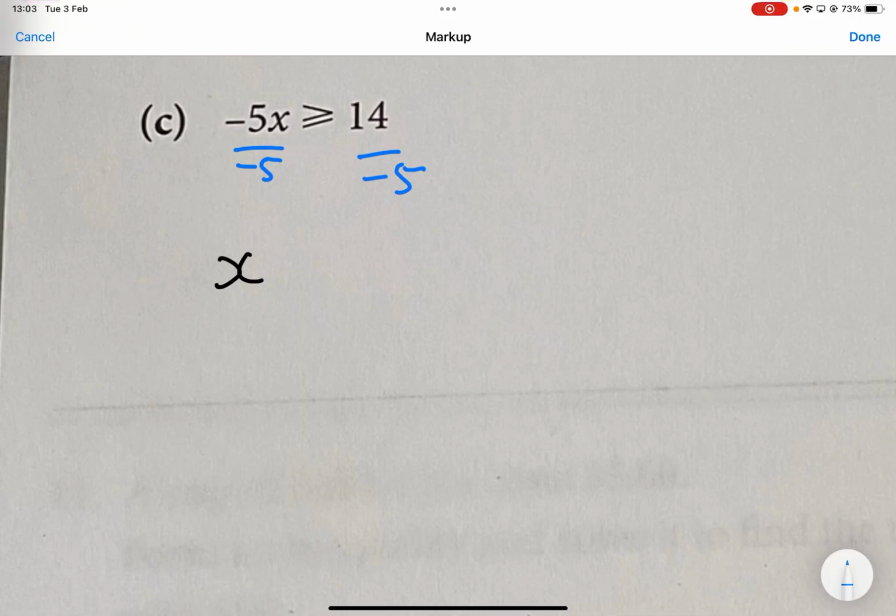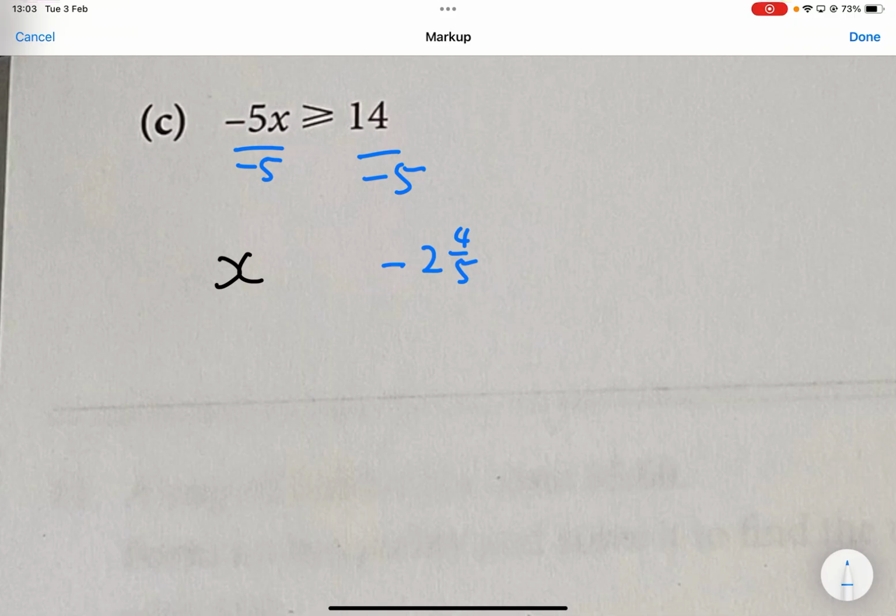Okay? 14 divided by negative 5 is negative 2 and 4 over 5. You can leave it in improper fraction also.